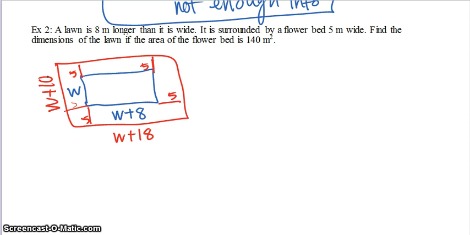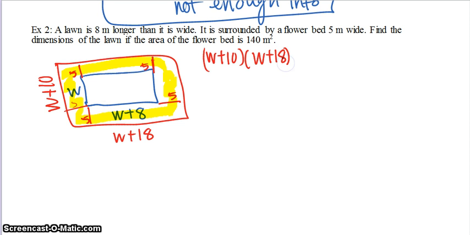Now, we know the dimensions of the lawn, and we know the area of the flower bed. The flower bed is this part in here, I'm going to highlight it. This is the flower bed. So if we start with the whole thing, which is the big rectangle, we multiply to get its area.